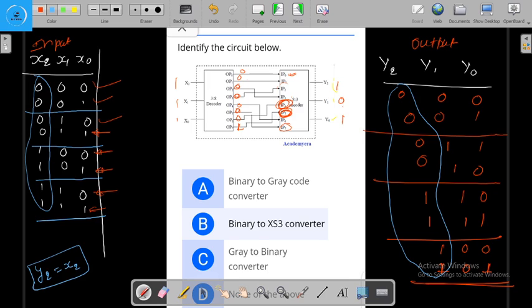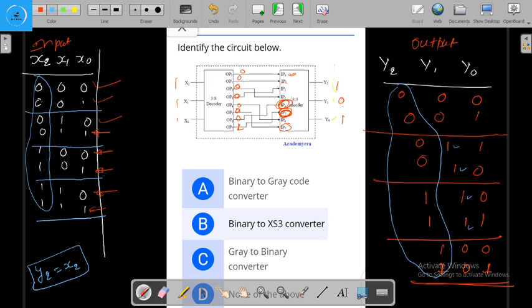Now see this y1. For y1 we have 0 0 1, y1 will be 1 here. So we cannot say that y1 will be similar to x1, because here it will be 1 1 and here it will be 0 0.